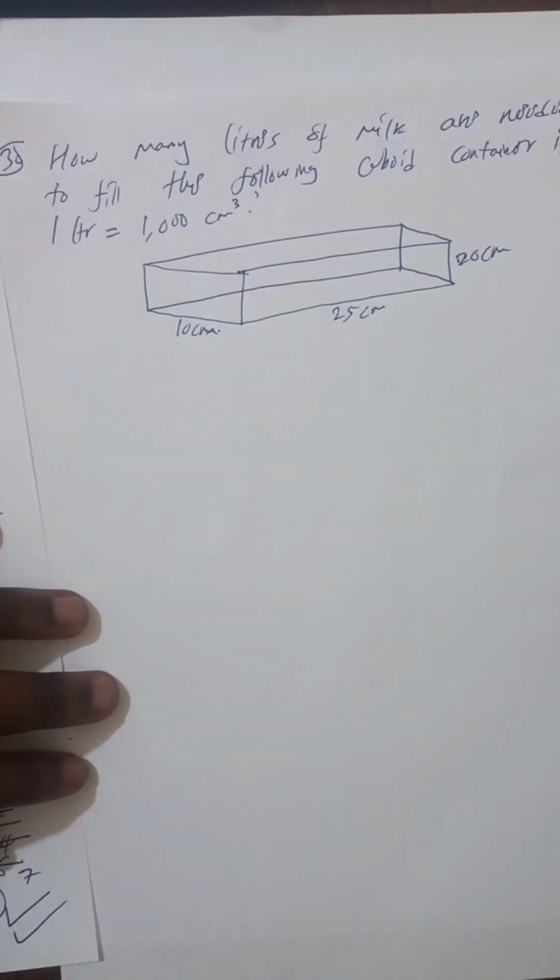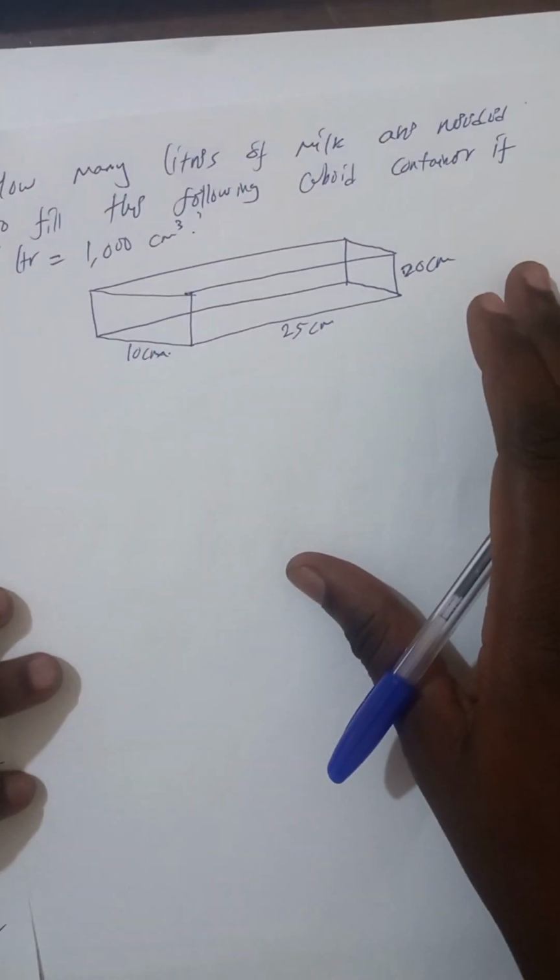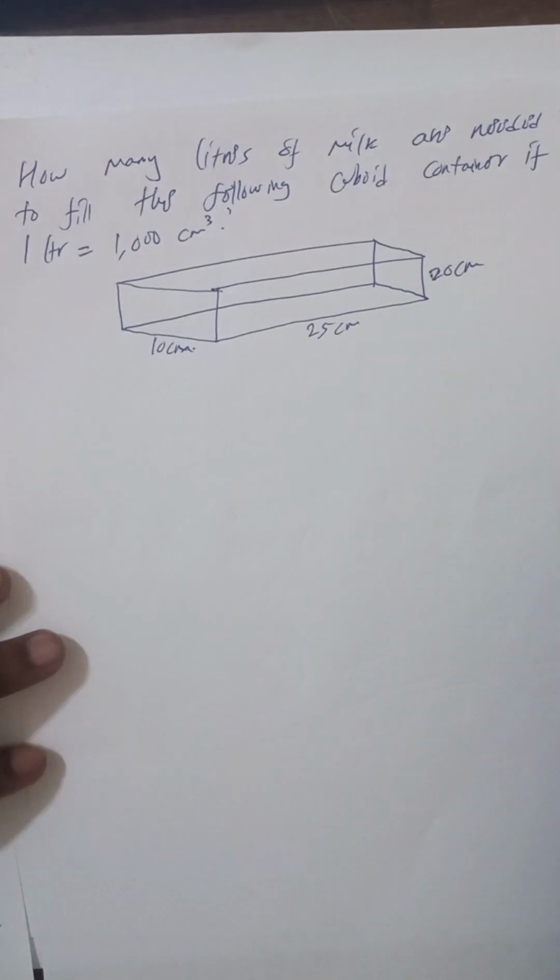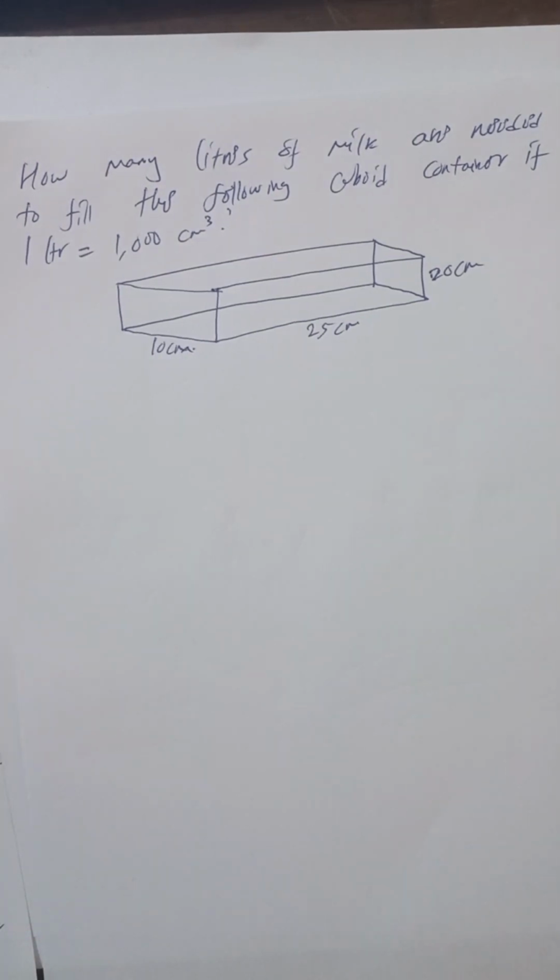Let's check this other question here. It says, how many liters of milk are needed to fill the following cuboid container if 1 liter is equivalent to 1,000 cubic centimeters?